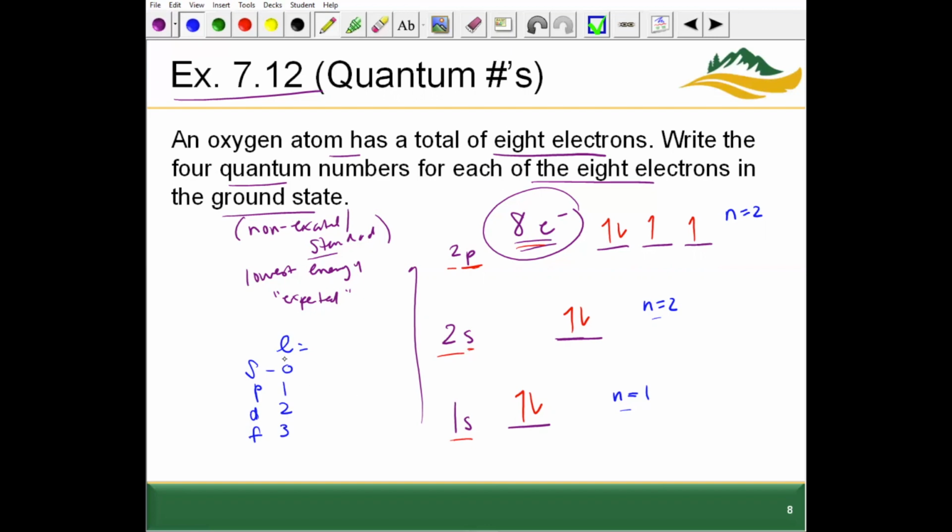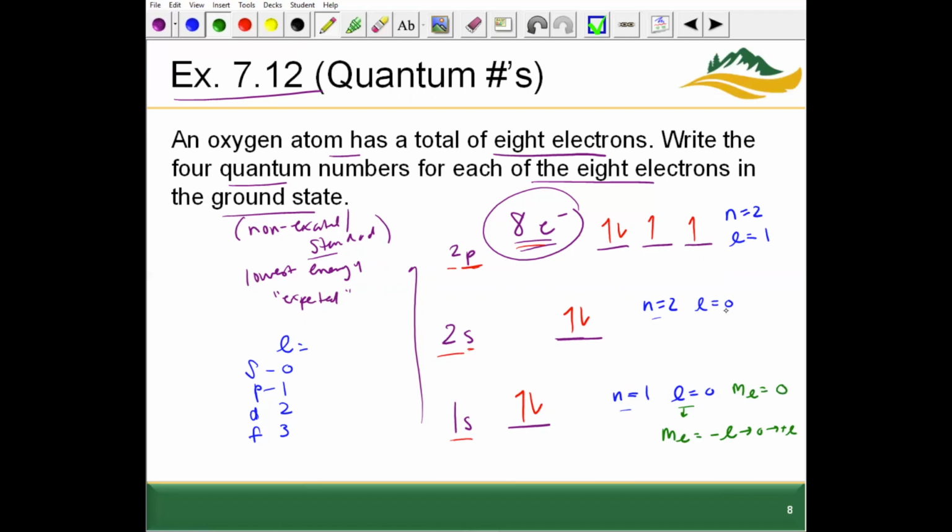For s then, l is equal to 0. For s again, l is equal to 0. For p, l is equal to 1. For possible m sub l values here, we know it's going to be negative l through 0 up through positive l. For l equal to 0, the possible m sub l value is just 0.